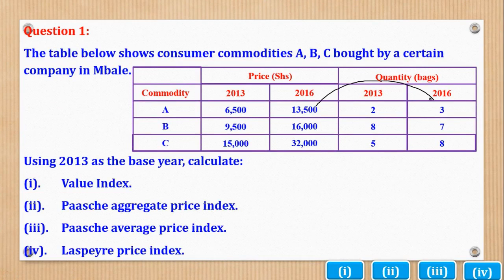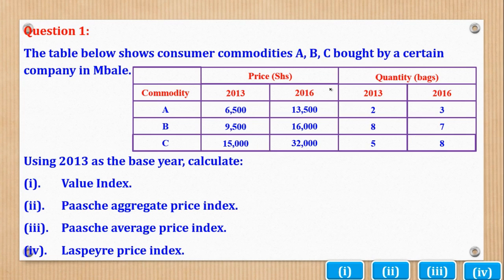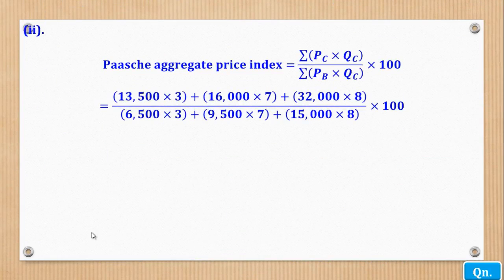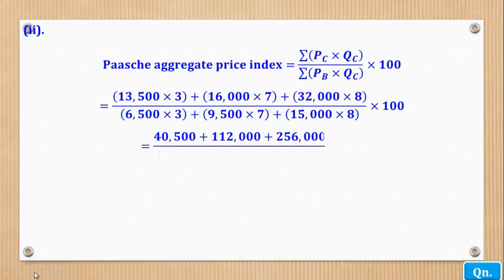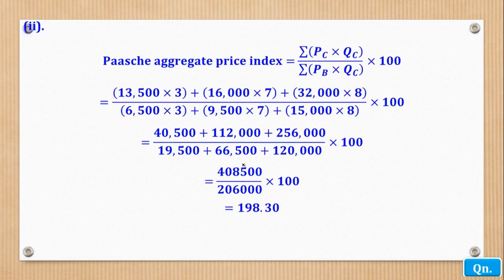So this times this times this, and this times this. For the denominator, it will be PB times QC. So it will be this times this times this, and this times that. So the base year quantities are ignored in Paasche. Then from there we shall use a calculator to simplify further and then come up with the final answer to 2 decimal places. So that was Roman 2.